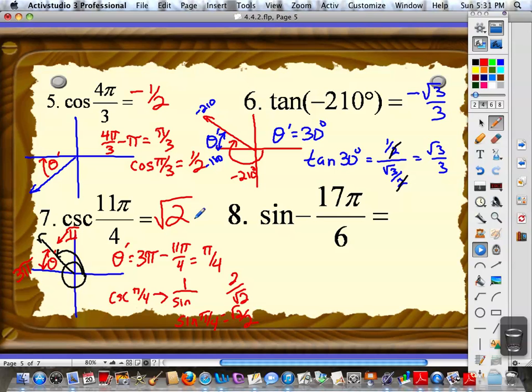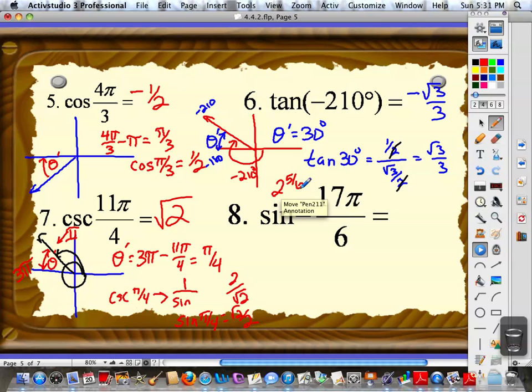All right, number 8, last one here. Sine of negative 17/6. Well, 17/6, I need to know where that falls in the grand scheme of things. Well, 6 will go into 17 2 times, 5 left over. Okay?